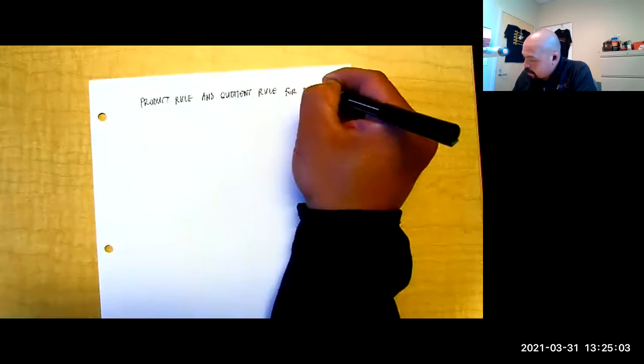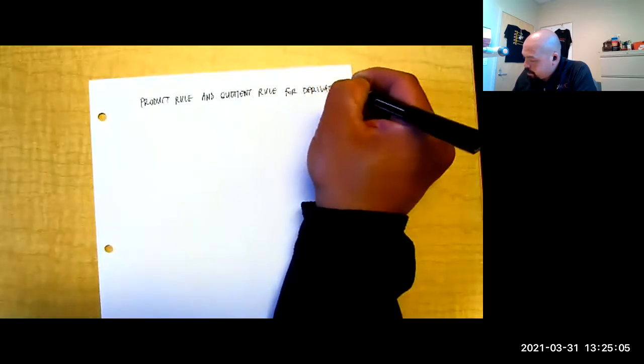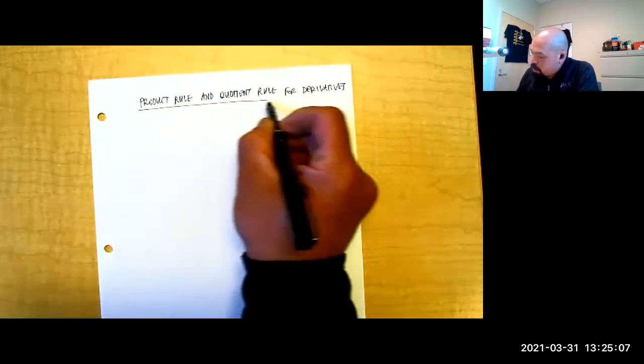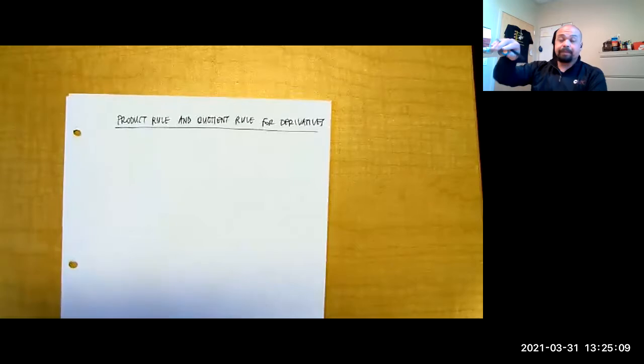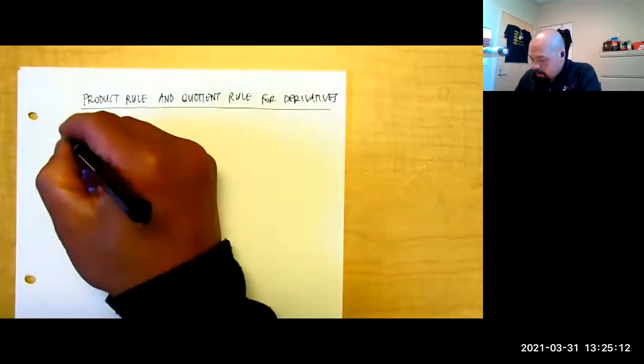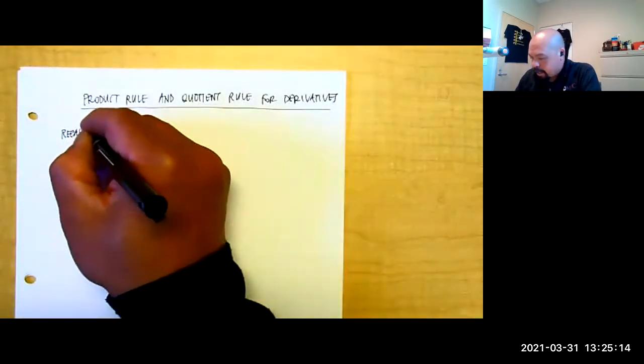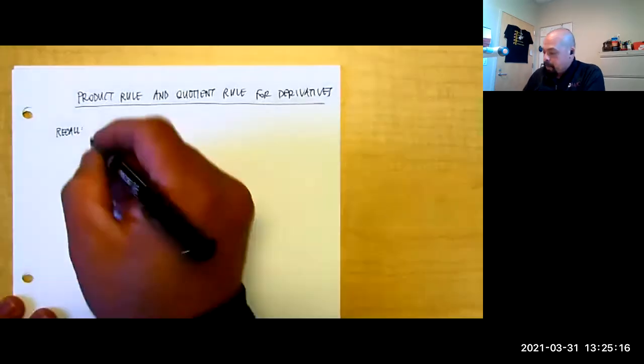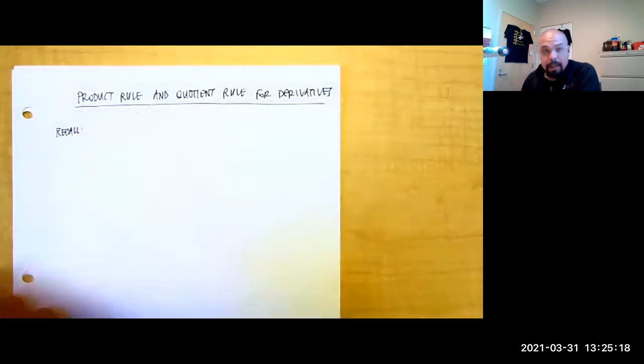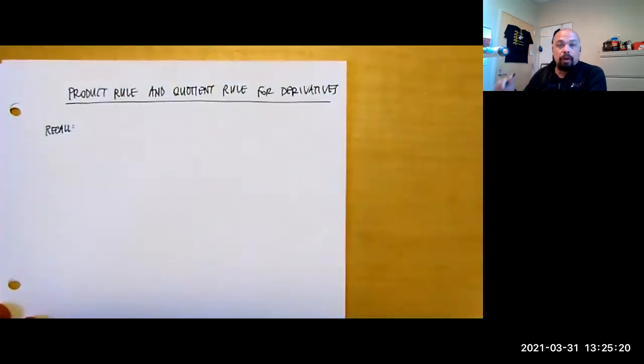All right, so right now I have the title here: our product rule, quotient rule for derivatives. To recall some items we're going to look at today, we had our limit definition for our derivative.